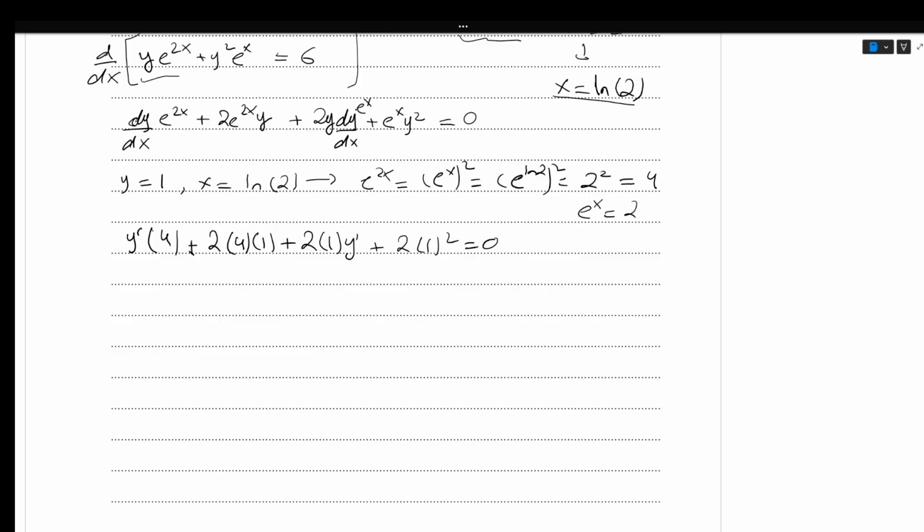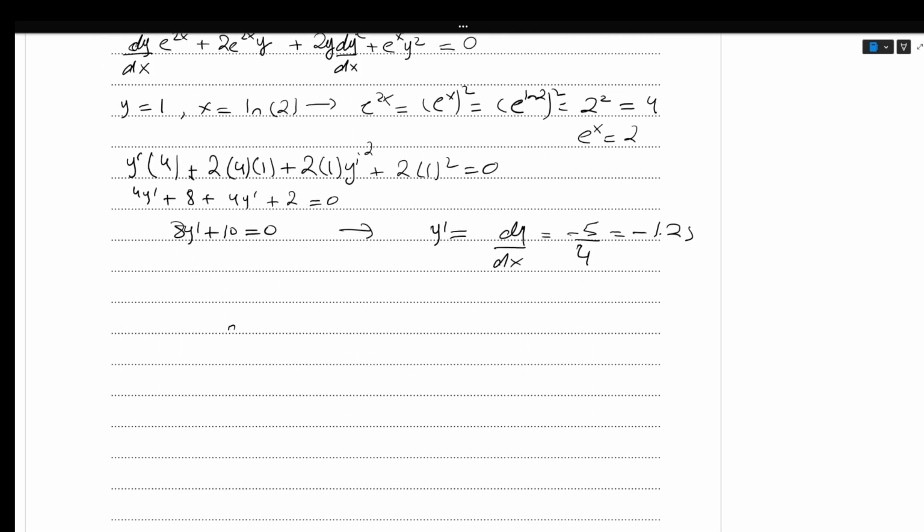So because of this e to the x, a 2 will come here too. So this is 4y prime plus 8 plus 4y prime plus 2 is equal to 0. 8y prime plus 10 is equal to 0, implying y prime, which is dy by dx, which is the gradient, is negative 5 by 4 or negative 1.25.